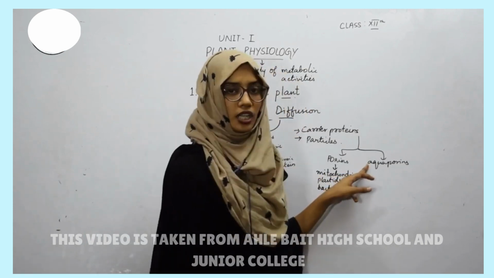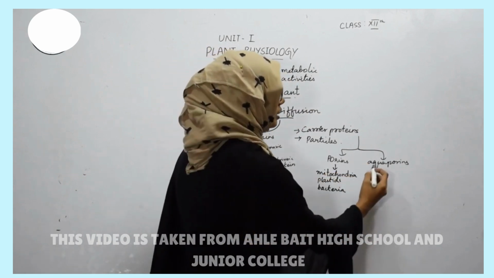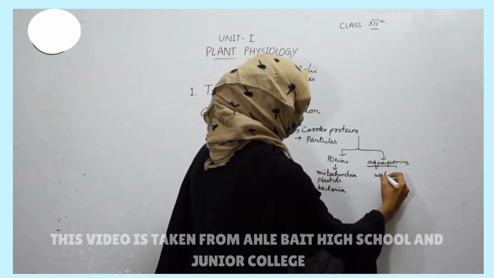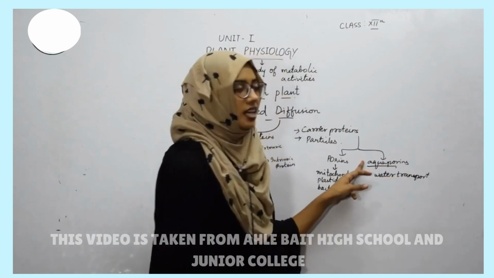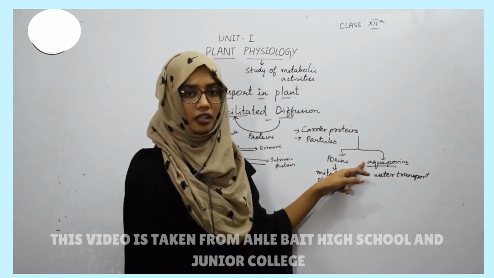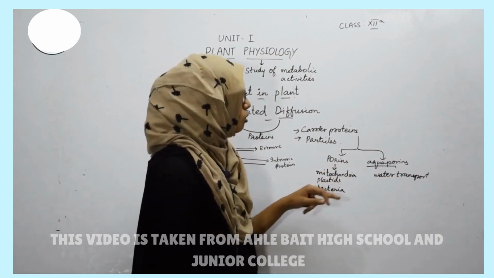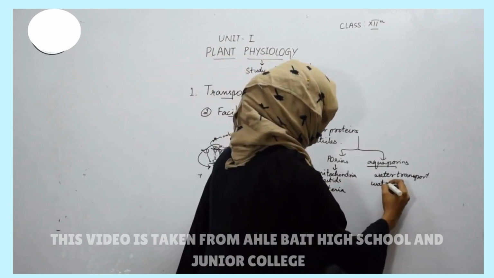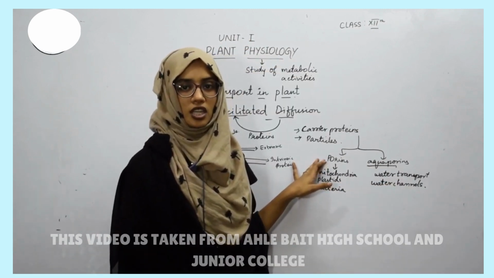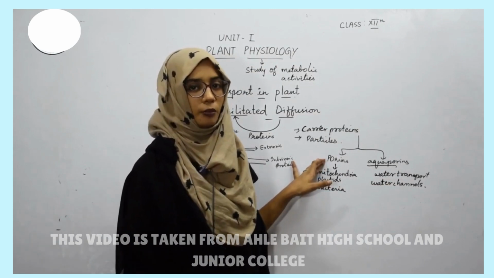The next protein is aquaporins. As the name itself suggests, it helps in water transport. As the aquaporins help in transporting the water into the plant body, they are also called water channels. So these are the carrier proteins which help the substances to move into the cell from the outside.